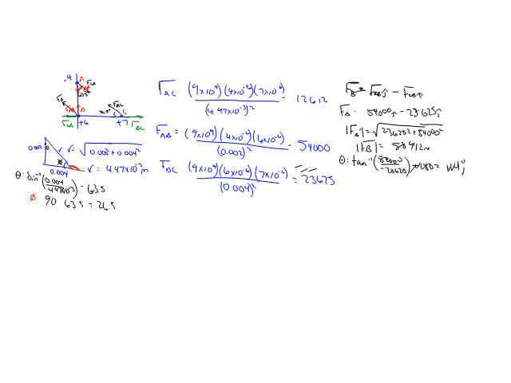This is 153.5. This angle, what is that? Will be 360. Nope. 270 plus 63.5. Gives me 333.5. Are you guys okay with those proper angles? Oh, yeah, I see. Okay.